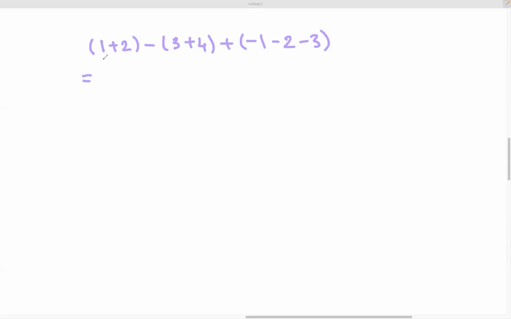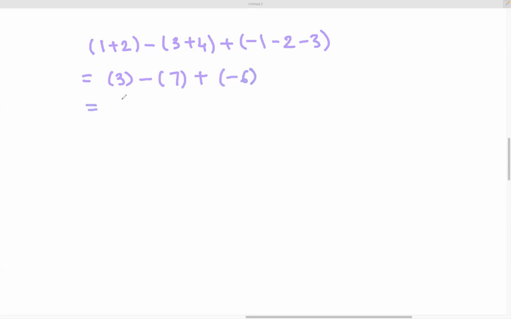The first thing is, if there are values inside of the parentheses, we could combine them. We could calculate the additions first. So 1 plus 2 is 3, minus 3 plus 4 is 7, plus, now here we have a minus sign. So minus 1 plus minus 2 becomes minus 3, and then minus 3 plus minus 3 becomes minus 6.